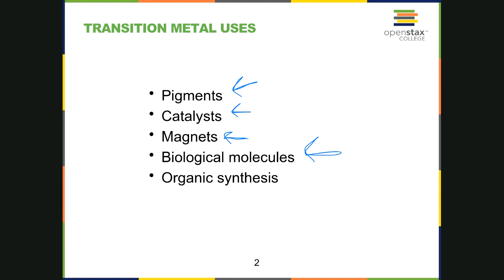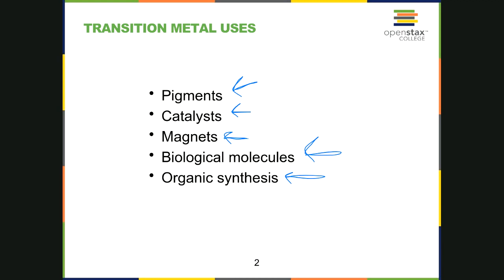And then they get used in organic synthesis. Sometimes if we're trying to produce a particular organic compound, usually for purposes of a medicine, we're trying to produce a molecule that's challenging to produce. We can use a transition metal catalyst there that will facilitate the production of that without it being quite so difficult to do.